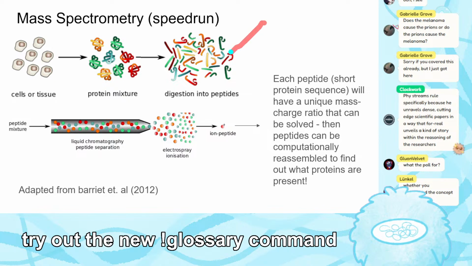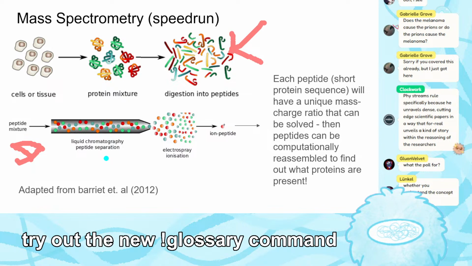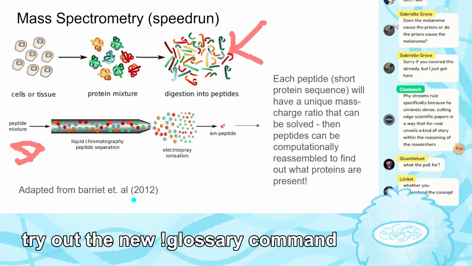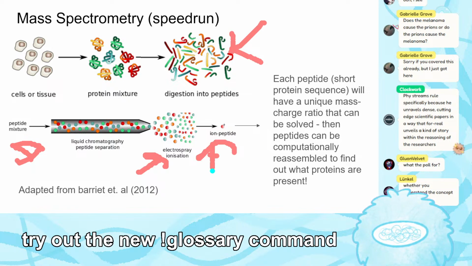And then you digest the proteins into peptides. The peptide mixture gets shot into this tube which separates them by size. So it filters them with liquid chromatography. And then this gets sprayed and ionized into ionic peptides, so ionized peptides. And then these peptides crash into a detector and give you a measurement.